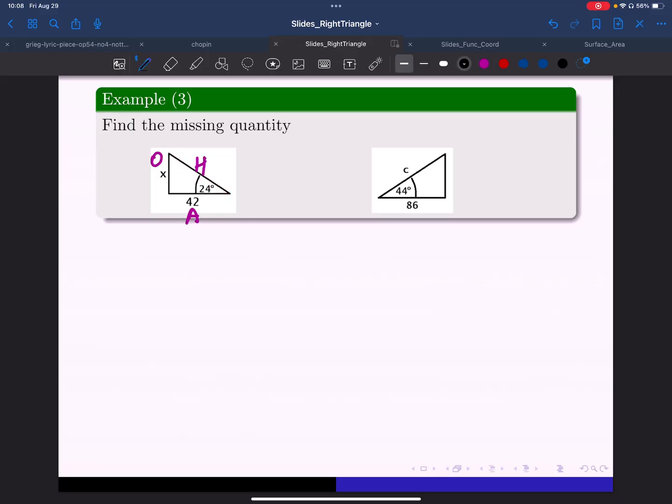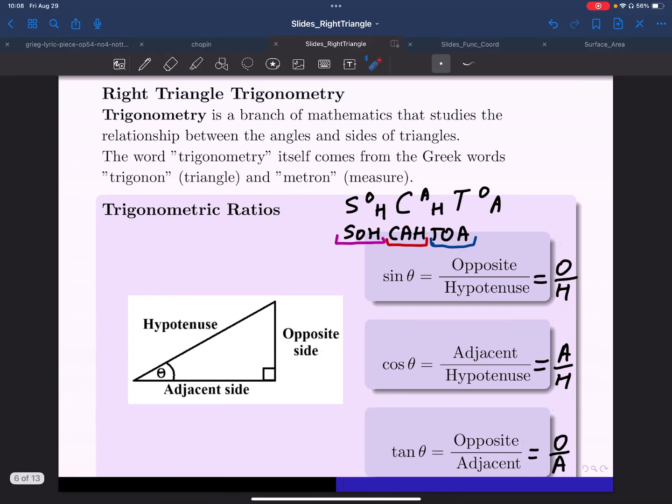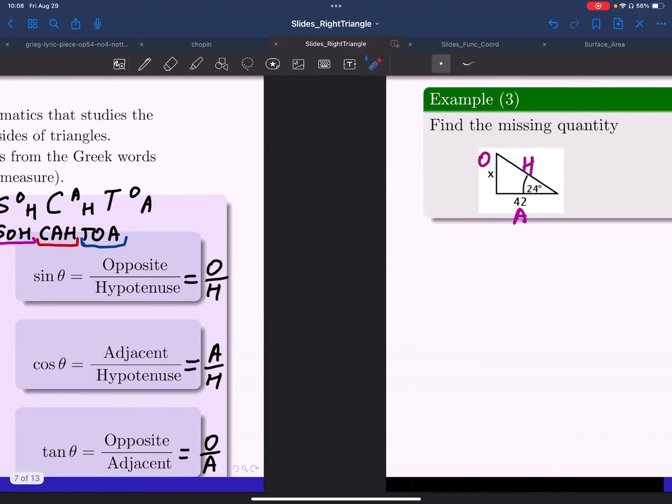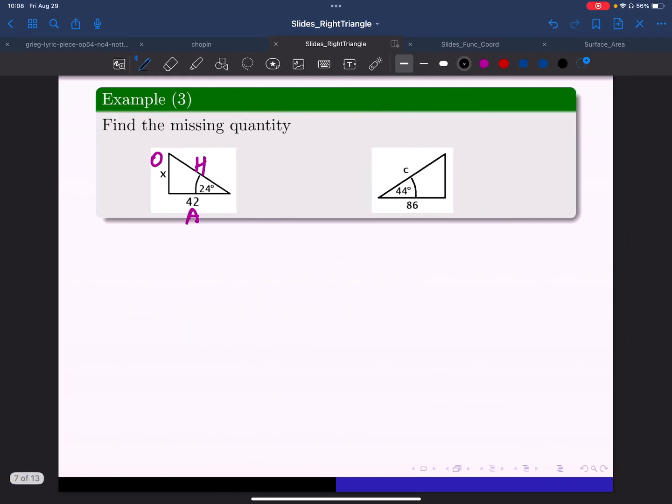Now, what trigonometric ratio connects this side and this side? What ratio connects opposite over adjacent? We look back: opposite over adjacent, the tangent ratio. So we write tangent theta is opposite over adjacent.